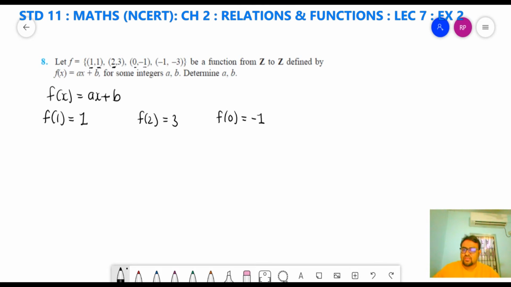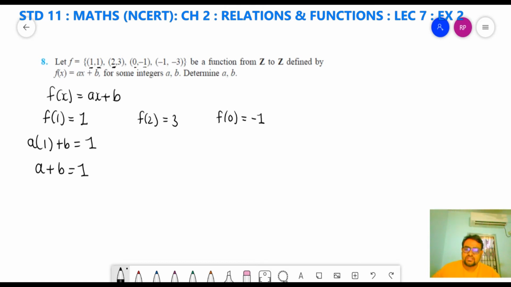Now what is the function given? f(x) equal to ax plus b. So here it is f of 1. Instead of x, I put 1: a into 1 plus b equal to 1, that means a plus b is equal to 1.